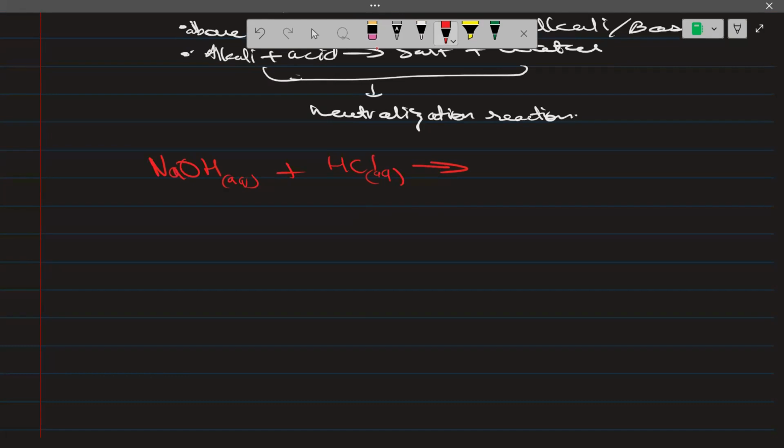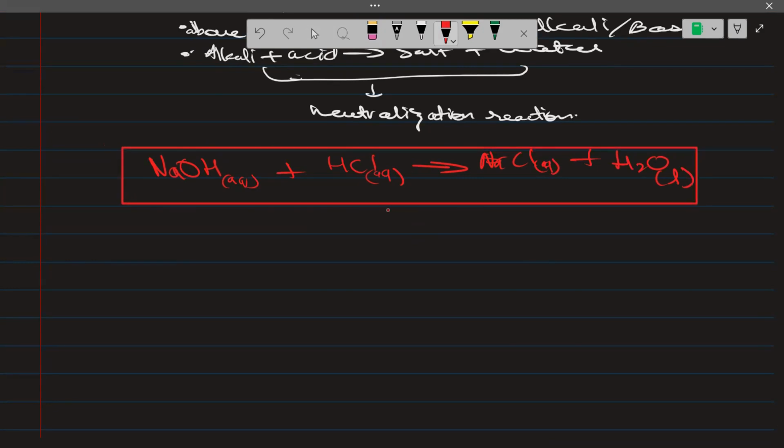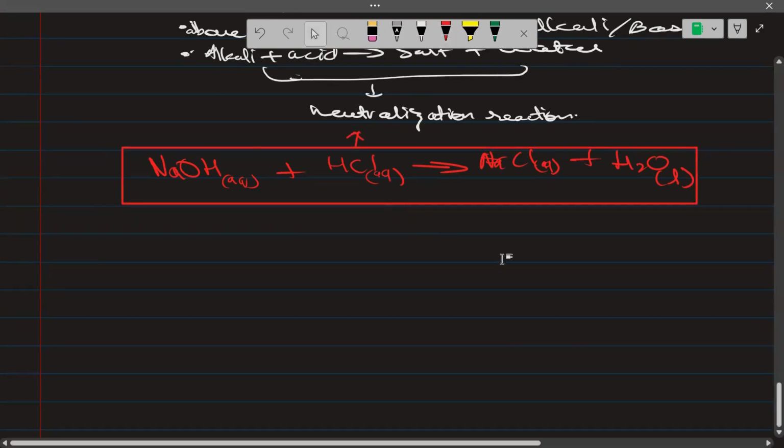When they react, what do they form? Salt. Sodium chloride is formed, which is also known as table salt. So NaCl is formed, which is aqueous, plus H2O, water, which is liquid. This is an example of a neutralization reaction.